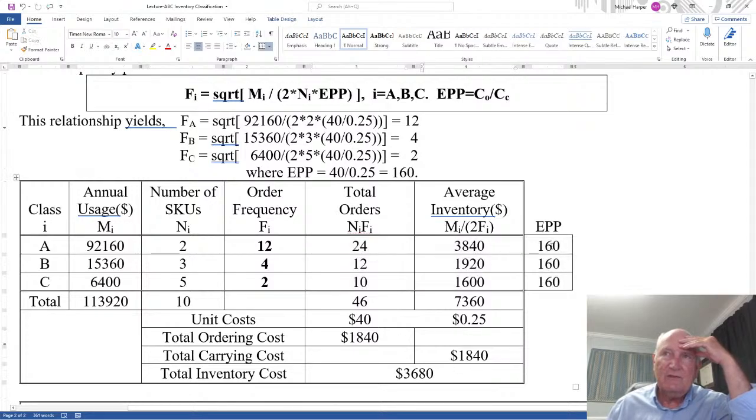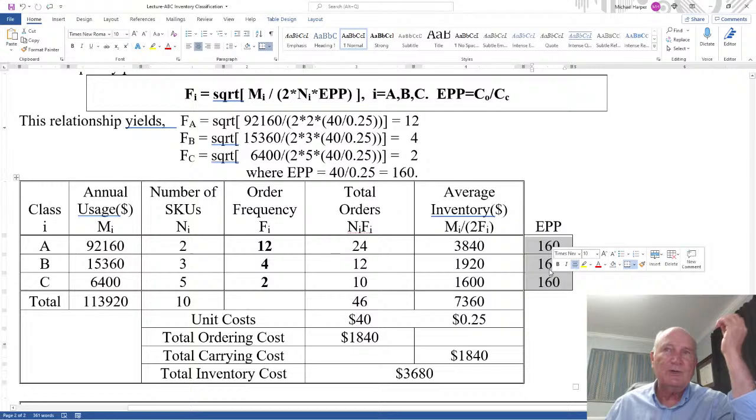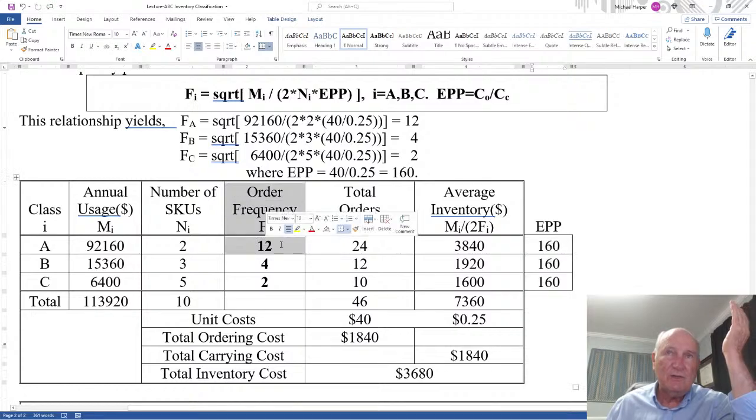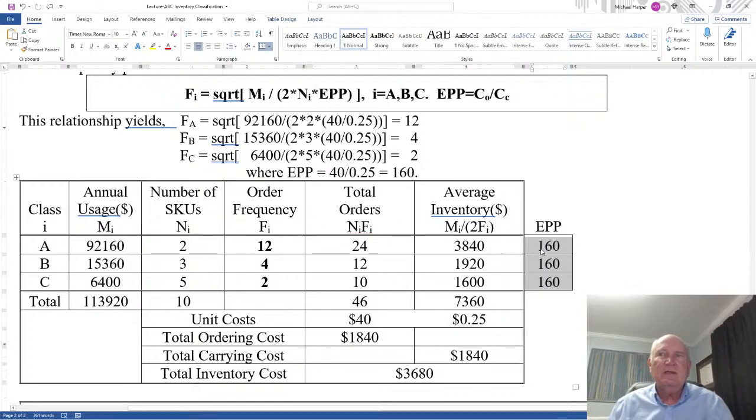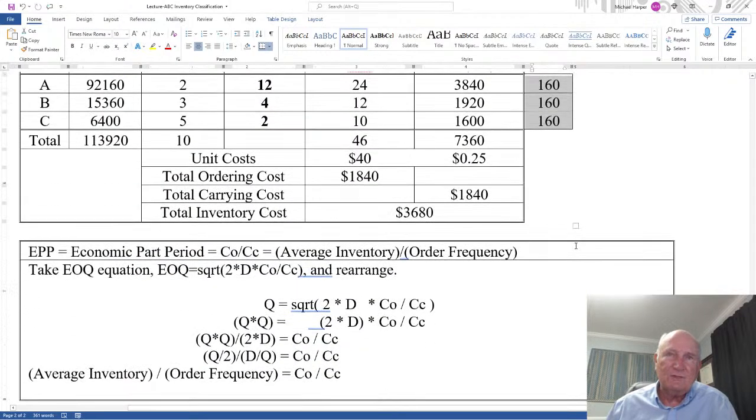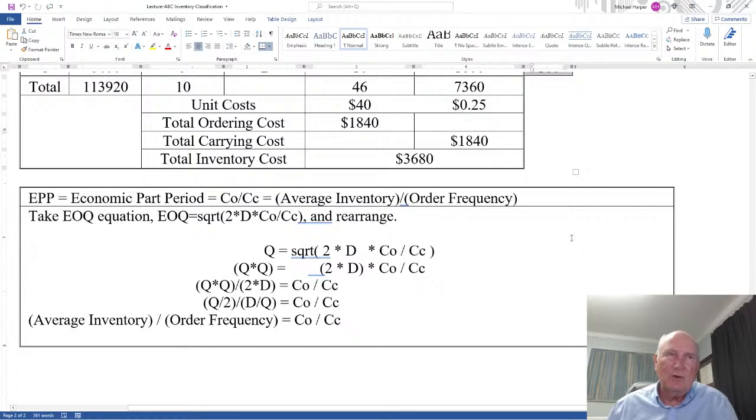Now, if this is not optimal, but it's observed, if you don't know what your ordering cost and carrying cost are, but it's observed based on the order frequency of your A items, that's called an economically balanced inventory. So all this is in a paper that I wrote. But anyway, this is something that is extremely practical. It's very useful, and we see some applications of it in my course, in the homework.